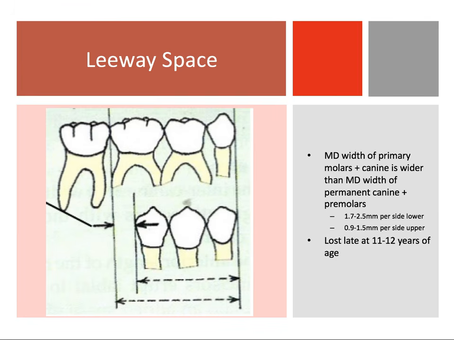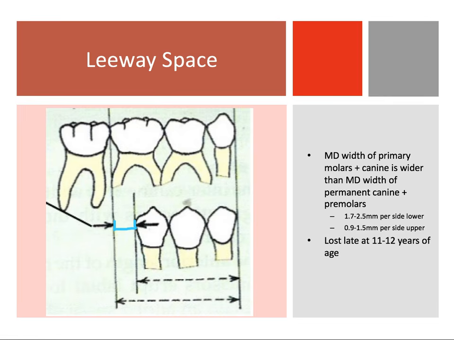Leeway space refers to the difference in mesiodistal width between the primary canine and molars and the permanent canine and premolars, which are smaller than the teeth they are replacing. As you can see here, there's a certain amount of space that's left over if we've lost these primary teeth and replaced them with these permanent teeth.